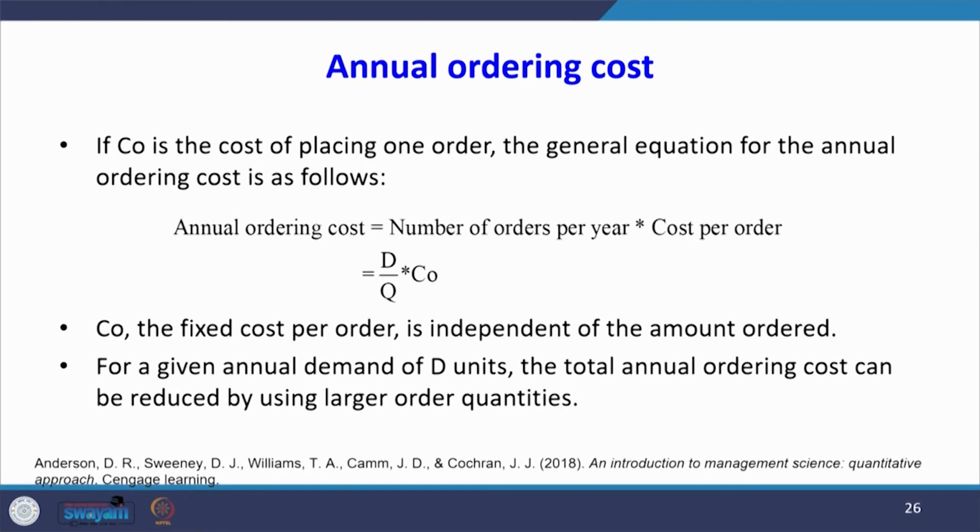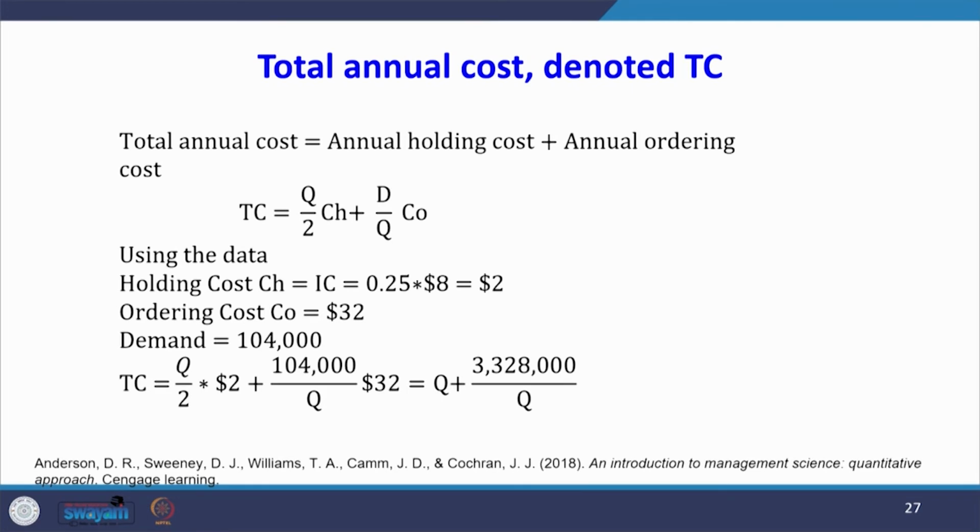Whether you order one quantity or 50 quantity, that is independent of the amount ordered. It is only based on the number of orders. The total annual cost is the summation of annual holding cost plus annual ordering cost. So, Q by 2, that is average inventory multiplied by holding cost, plus number of orders multiplied by cost per order, CO.